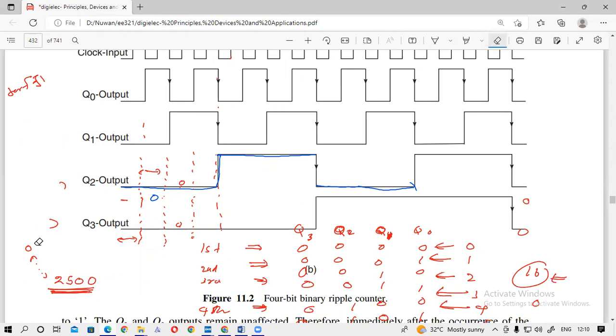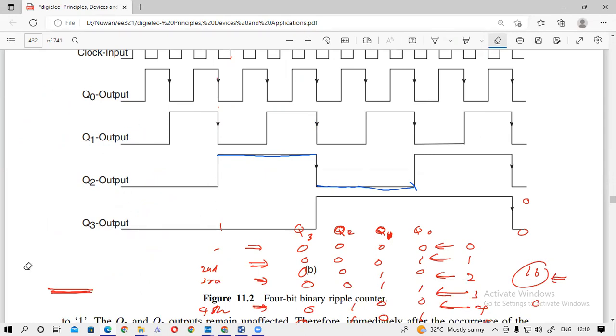If you consider the fourth flip-flop, if you are using a four flip-flop counter, actually we call it modulo 4. I will explain that word also. We normally refer to that as a mod 4 counter.